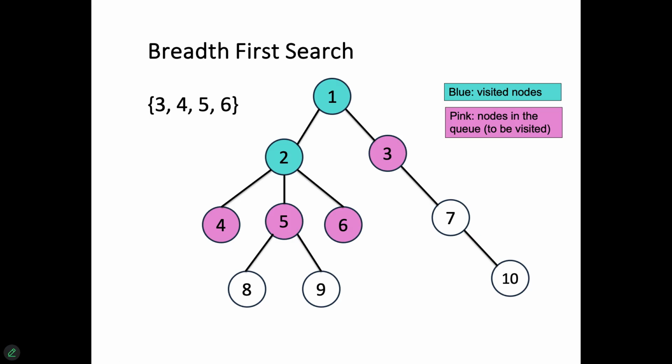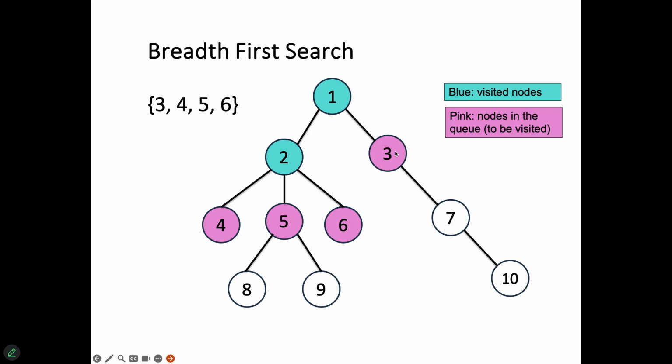Okay, so if we expand 3, the only way we can go is 7. The reason we expanded 3 was that 3 was added to the queue first, right? If you check the queue, the first one is 3 because we added it at the previous depth, so it was added earlier.